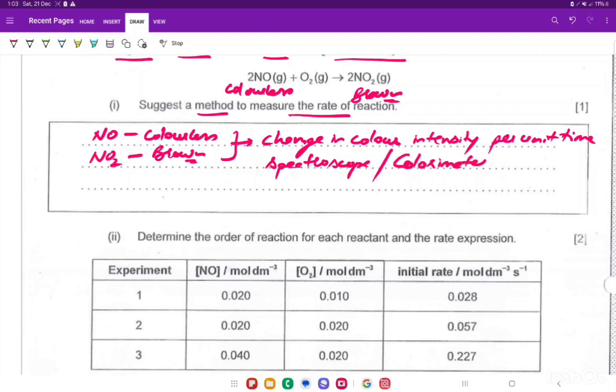A colorimeter can help us to find out the rate. Therefore, to find the rate, we can measure the change in color intensity per unit time with a spectroscope or colorimeter.